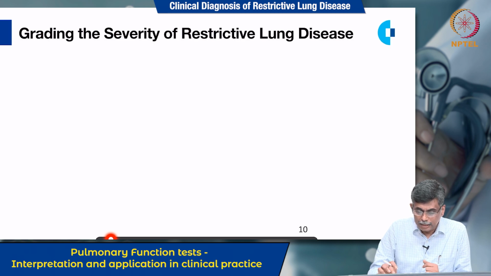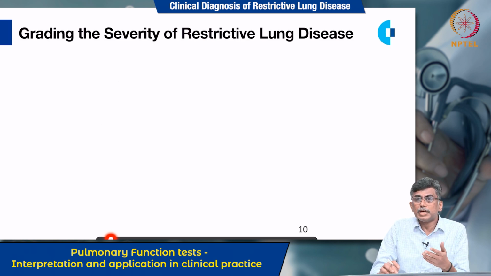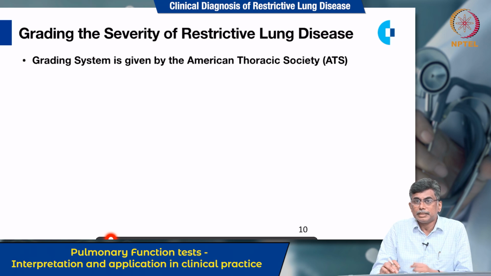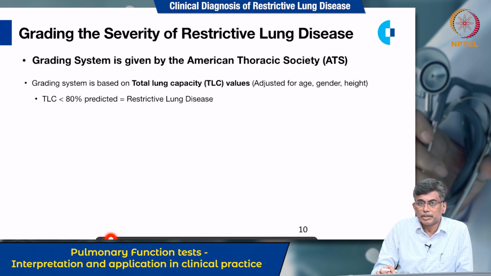Now, coming to the usage of total lung capacity. Total lung capacity can be used to grade the severity of the restrictive lung disease. This grading system is given by the American Thoracic Society.